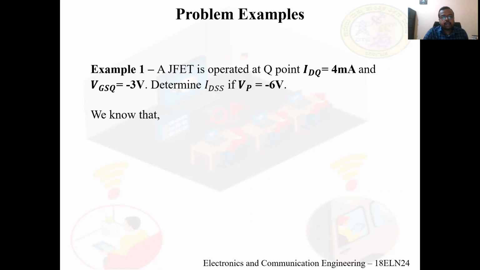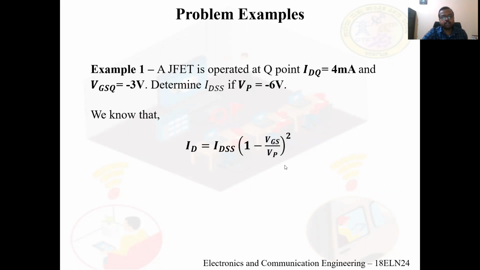Here you need to calculate the value of IDSS. What are the parameters given to us? IDQ, VGSQ, and also the pinch off voltage, which is equal to minus 6 volt.